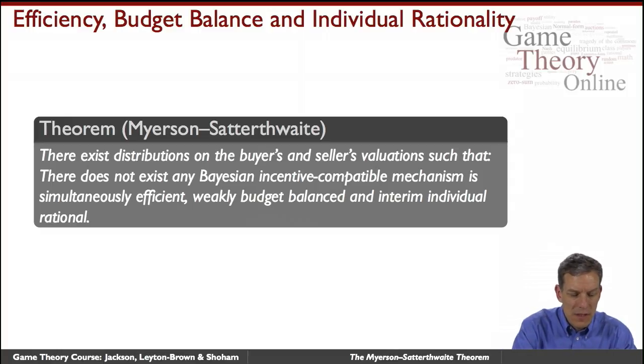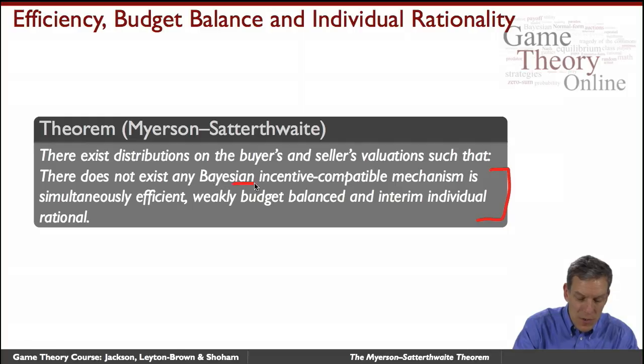It says that there exist distributions on the buyers' and sellers' valuations such that there does not exist any mechanism which is Bayesian incentive compatible, efficient, weakly budget balanced, and interim individually rational.